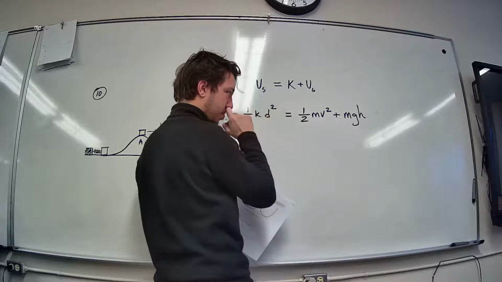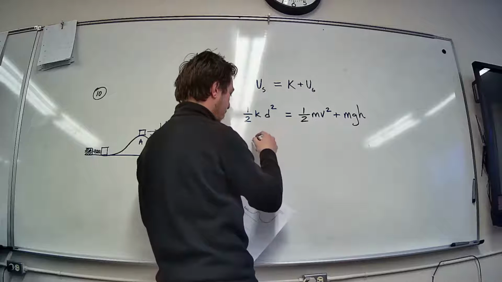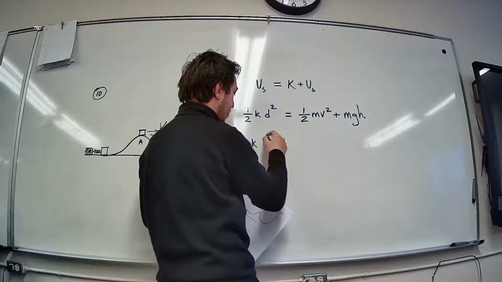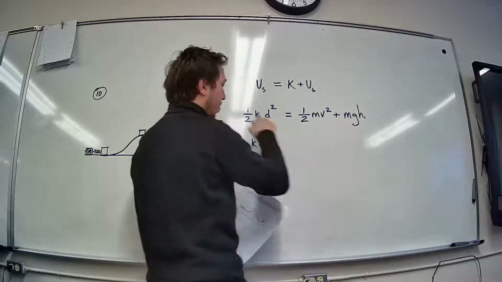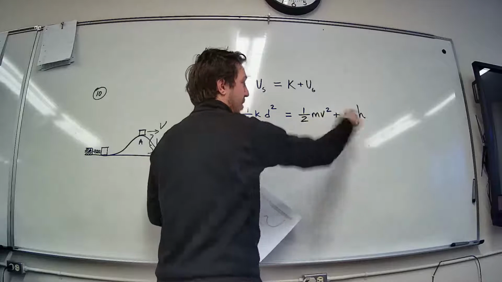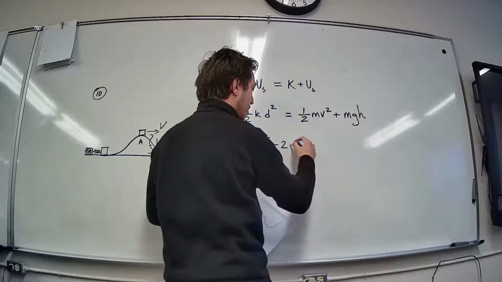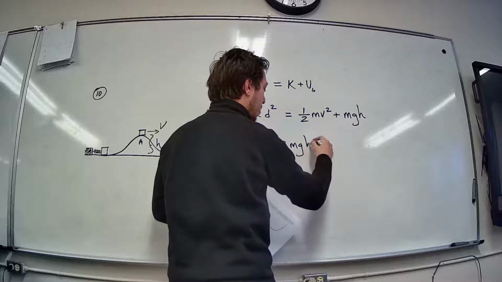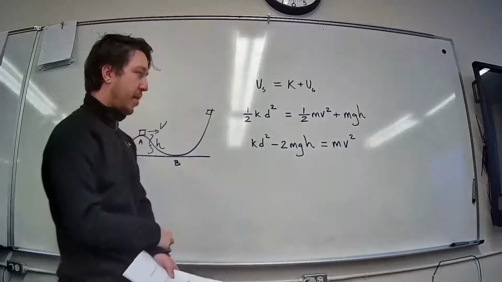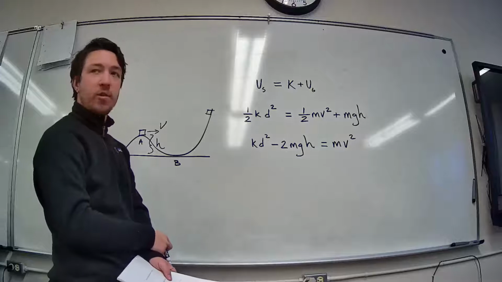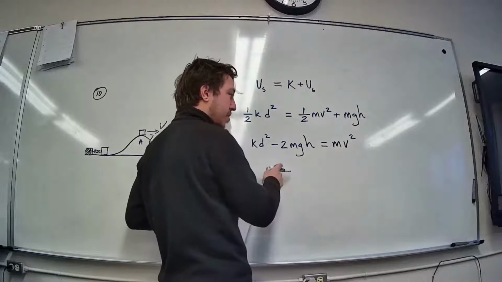Let's do 2 steps at once. Let's multiply everything by 2, and also subtract this term over, so it looks like this. Then from there, 2 steps: divide by m.